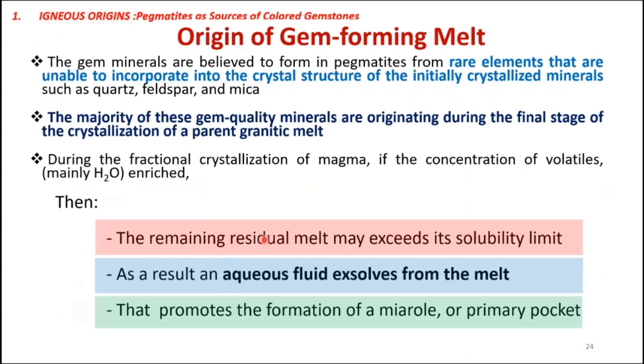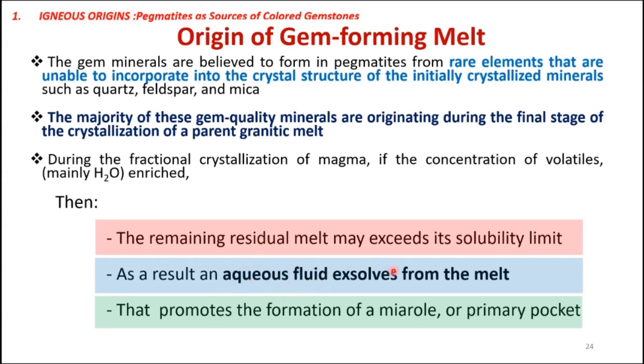pegmatitic magma contains a considerable amount of dissolved volatile materials, but during continuation of the fractional crystallization, these volatiles cannot exist as dissolved materials. They start to separate or exhale.